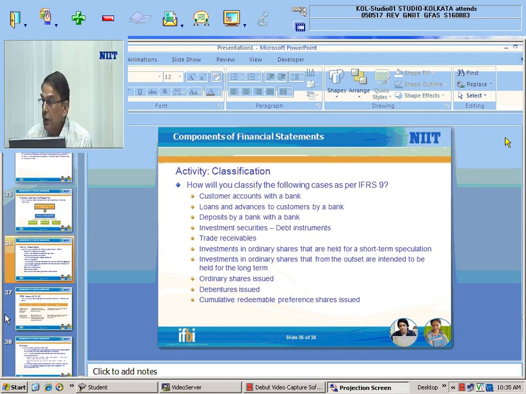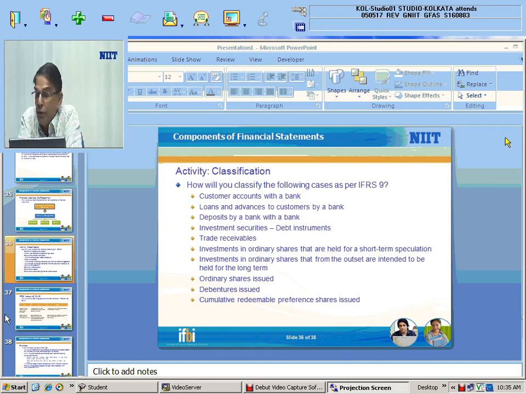Investment securities like debt instruments. Somebody has purchased debt instruments, so he has invested in investment securities, debt instruments, whether it's a financial asset or financial liability. A company has purchased some debentures or bonds, so they have made investment. These are investment securities, basically debt instruments, so is it a financial asset or a financial liability?